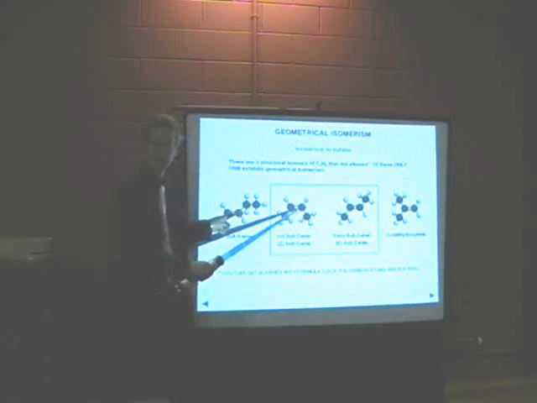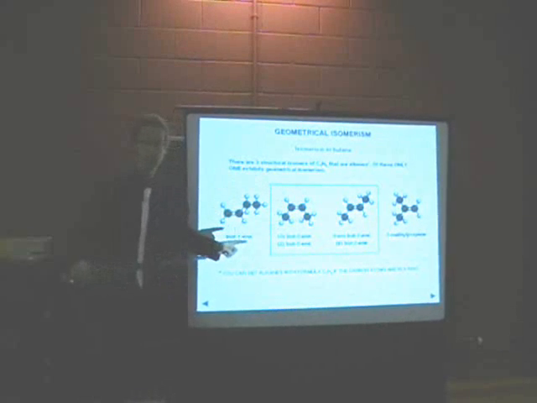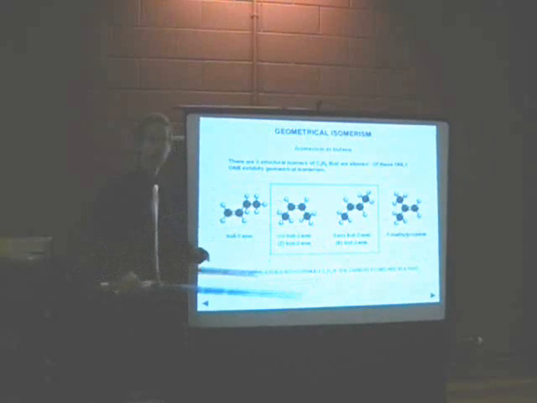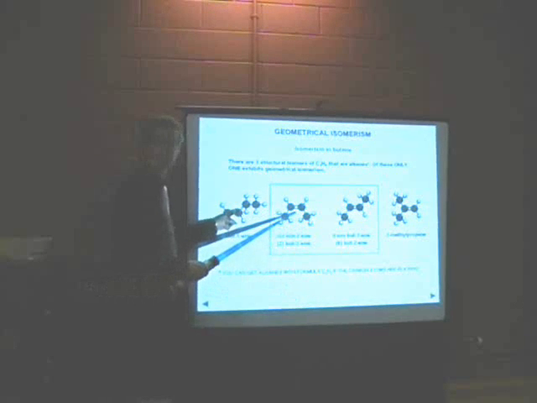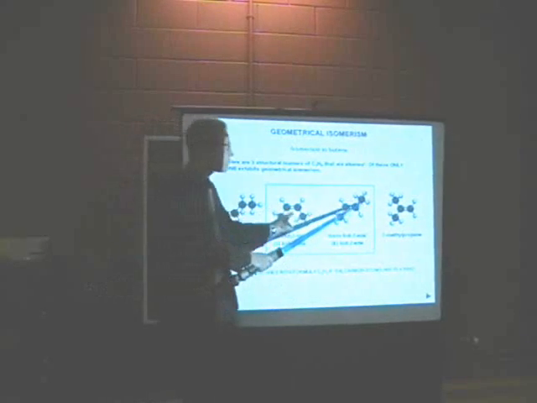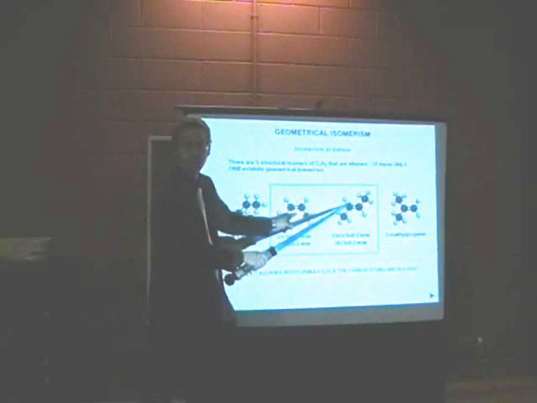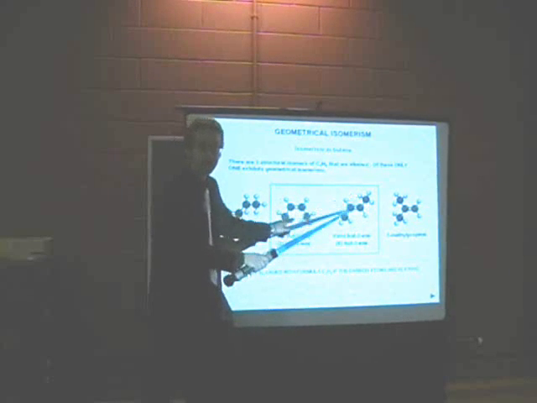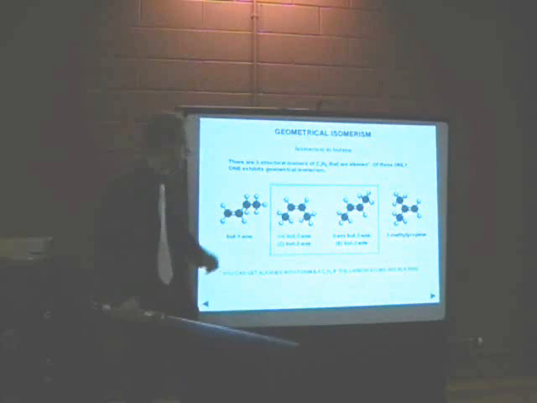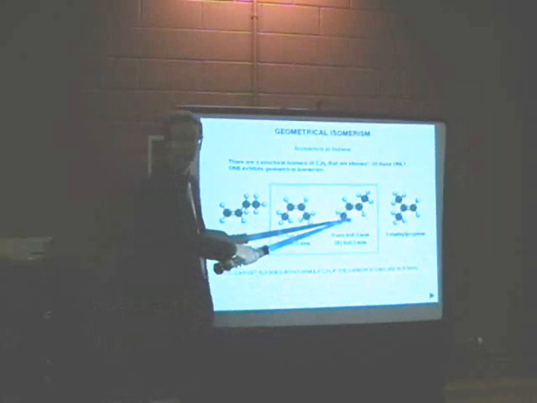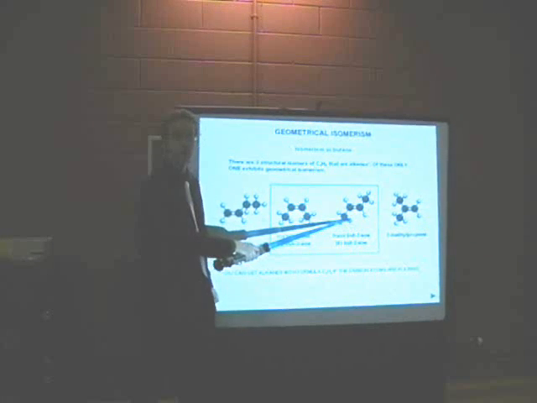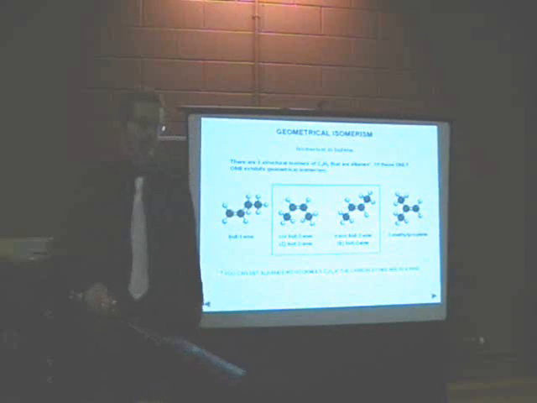These two here are position isomers of each other. Same chain, functional group in a different place. So those two are position isomers of each other. Whereas these two here are both but-2-ene, but they're geometric isomers of each other, because one is Z and one is E. Now you happy? Good.